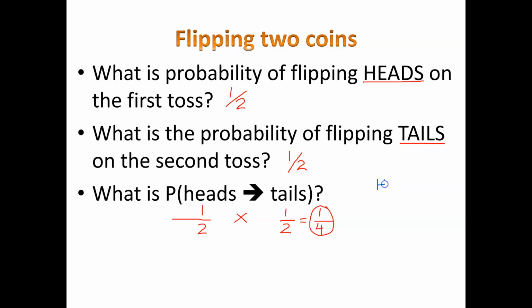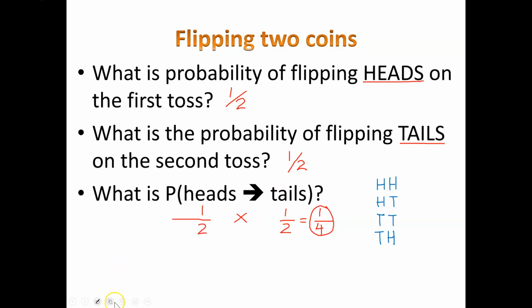You could have 1 coin come down heads, and then the second coin come down heads. You could have the first coin come down heads and the second coin come down tails. You could have the first coin come down tails and then the other coin come down tails. Or you could have a tails followed by a heads.